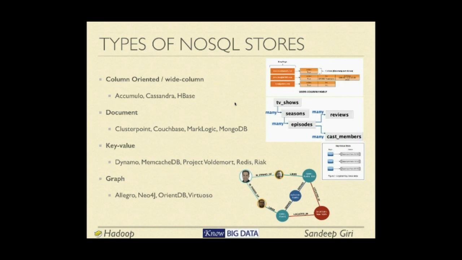It cannot provide all three properties at any moment of time. So in case of DynamoDB, CouchDB, Cassandra, they can provide partition tolerance and availability.